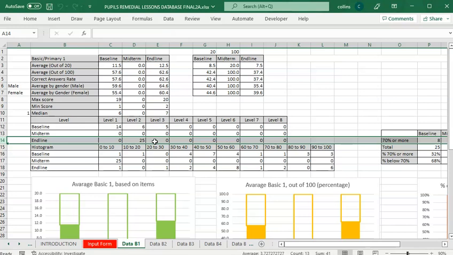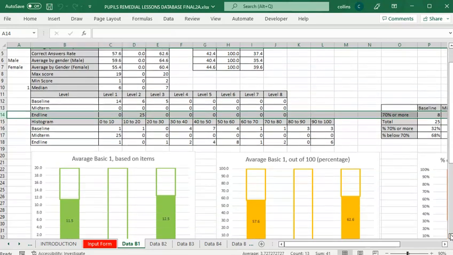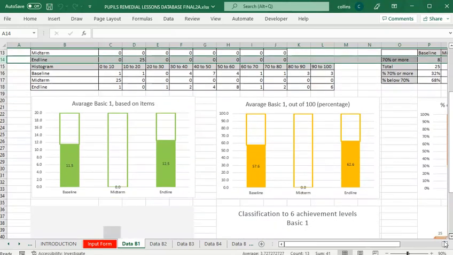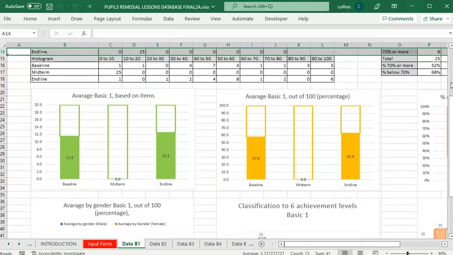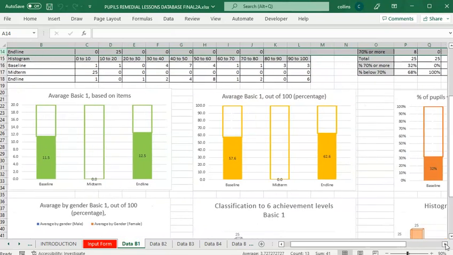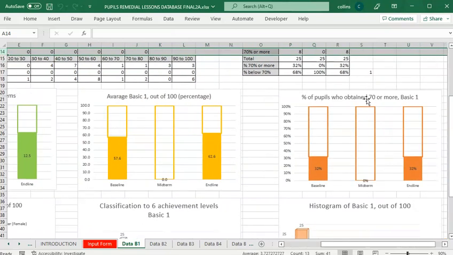Now let's look at the pictorial analysis. Okay, before we do that, let's look at the number of people who scored 70% or more.